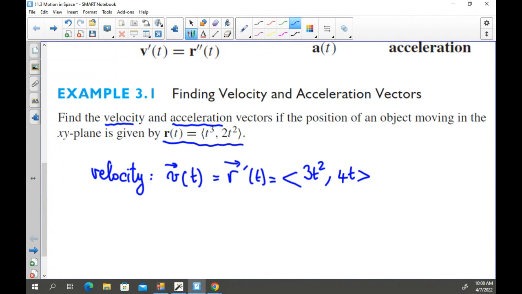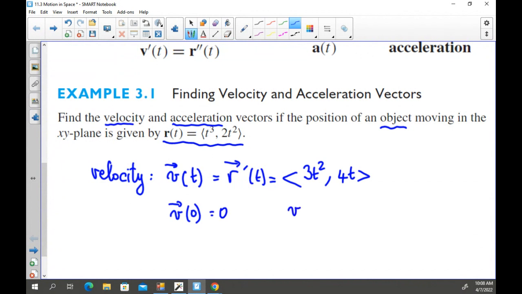Of course, I can get this velocity at any time I want. For example, if you want the initial velocity of this particle or object, what will it be? 0, 0. So it's basically the zero vector.